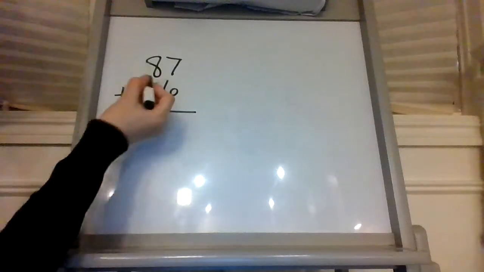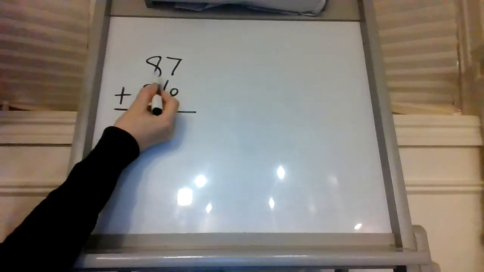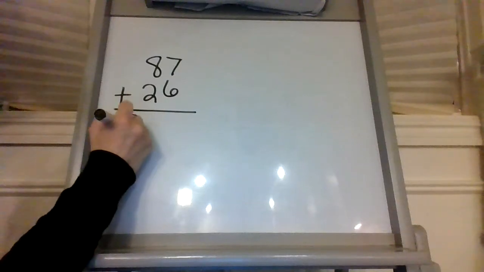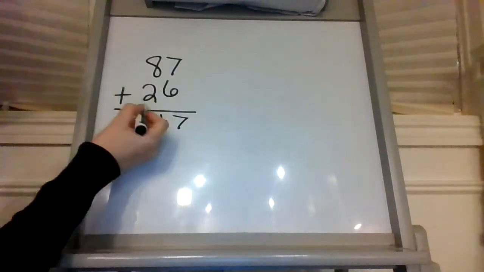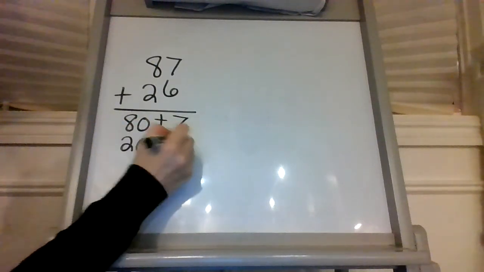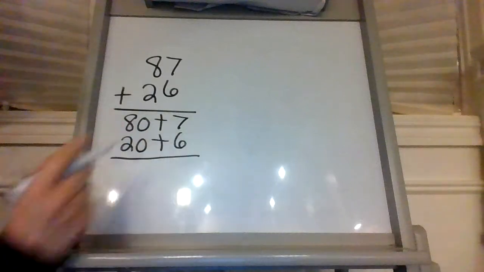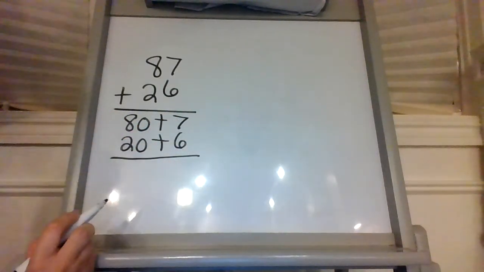Same thing. Put my number in expanded form. 87 is 80 plus 7. 26 is 20 plus 6. Now I'm going to add my 10s together, add my 1s together.